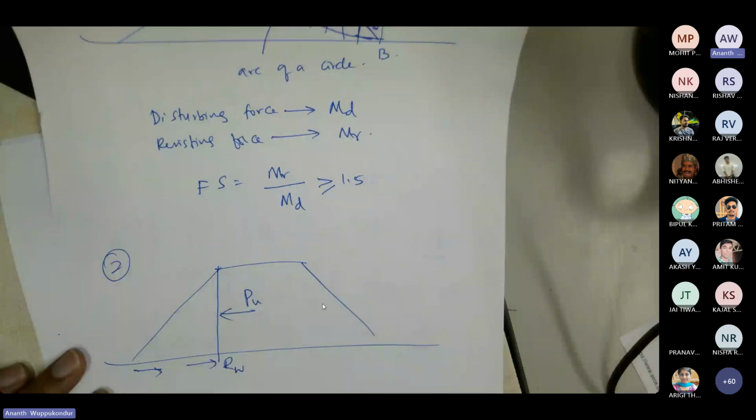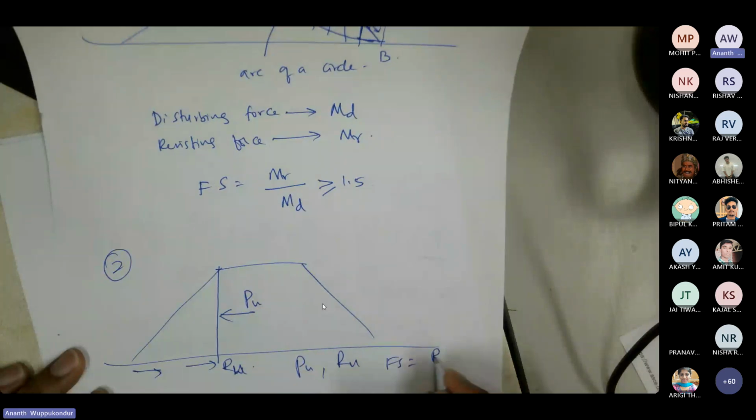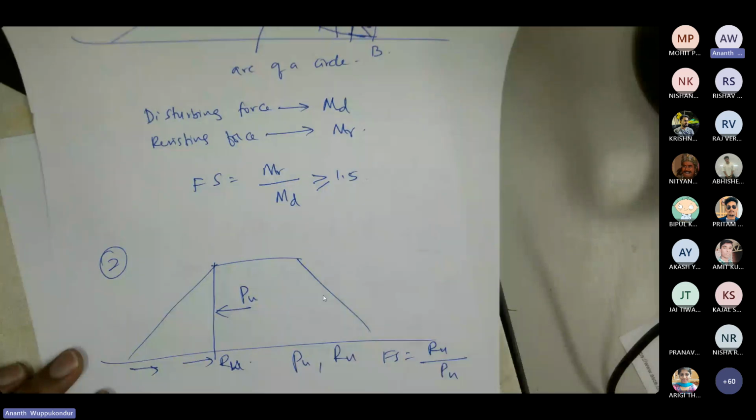So we try to calculate what is Pu and what is Ru, and your factor of safety would be Ru divided by Pu. So this is how we try to estimate the stability of the slopes of the embankment dam.